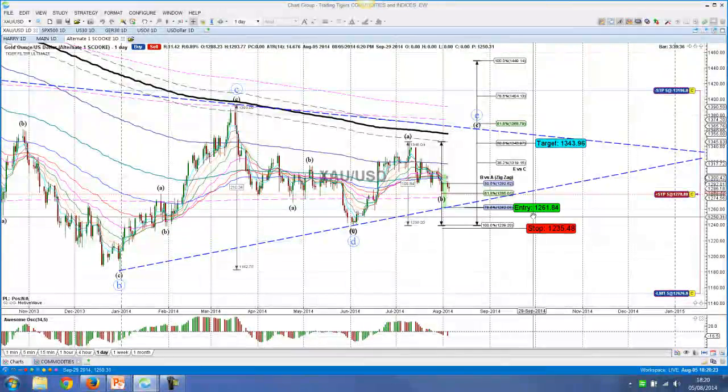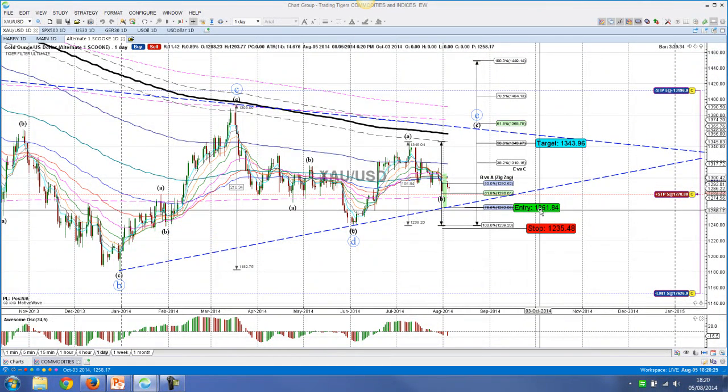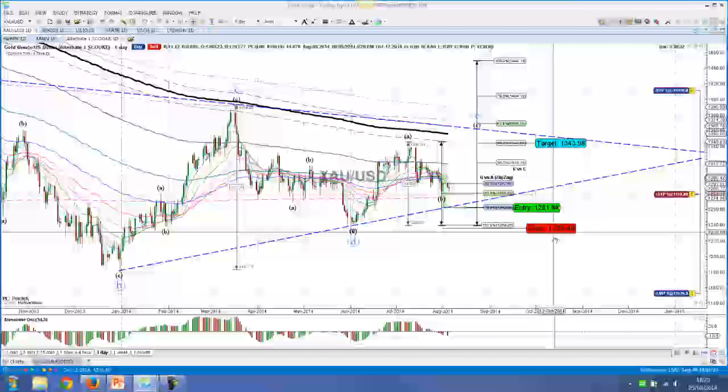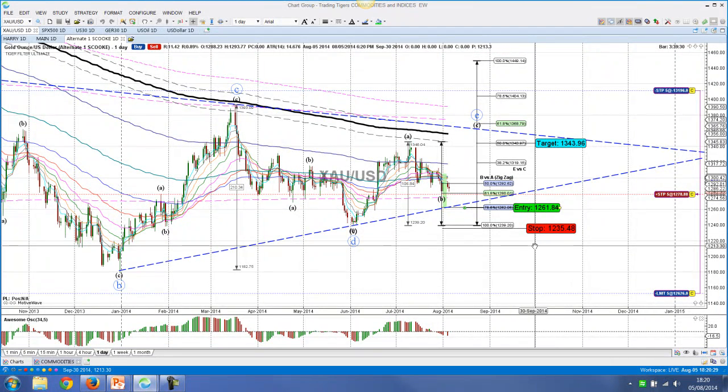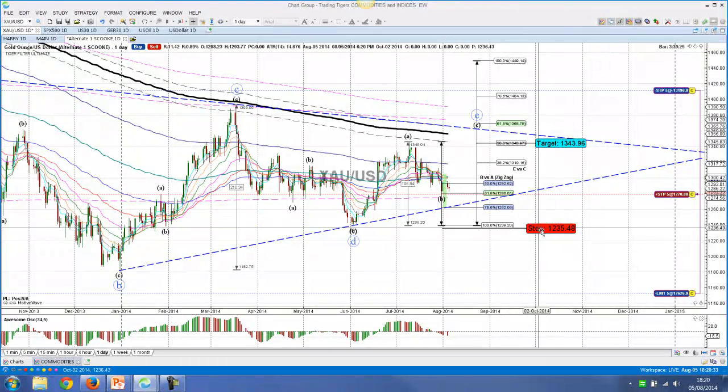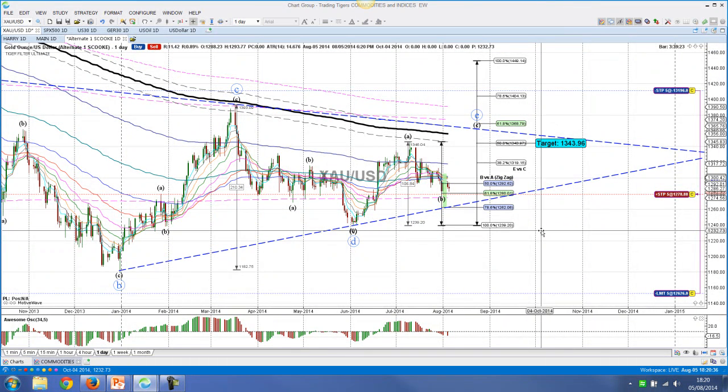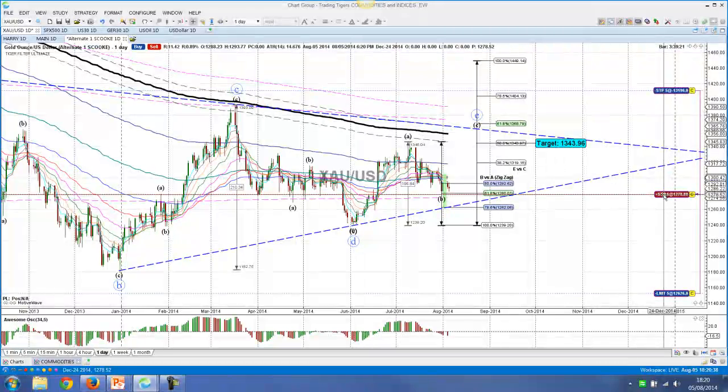We had put an entry thought around this location, and I think that could be null and void right now, because basically we can see price is going to go up. You see this entry here. This is our entry based on the main count, so we can actually take that off.